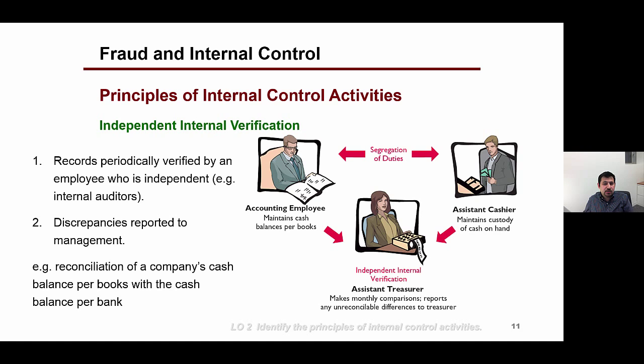And then we have the cashier who actually maintains custody of the cash, who would give the cash deposit slips to the treasurer, and the two amounts should be the same, otherwise that would indicate that some cash was basically stolen or disappeared or lost.